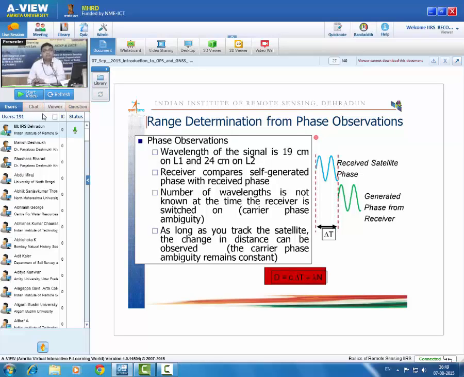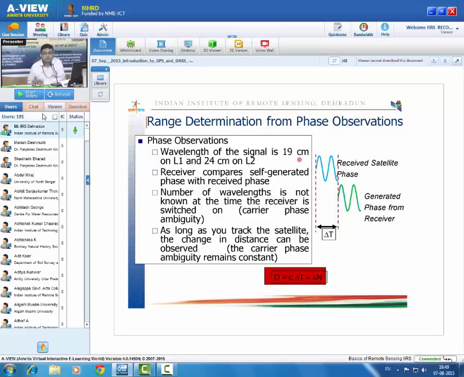Now a similar exercise can be done based on the phase of the GPS signals instead of the code. This is carried out because it can be done very accurately, to an accuracy of the order of plus minus 1 degree of the wavelength or the phase.